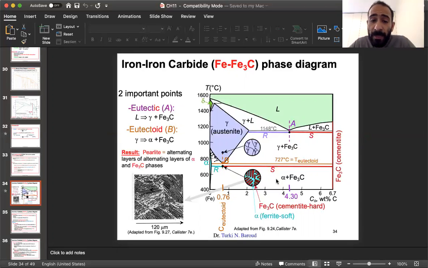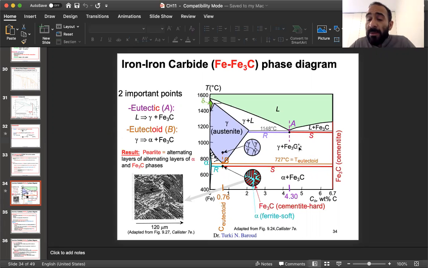Now, if you look at how many solid phases you have in this phase diagram, we have alpha ferrite, gamma austenite, and delta ferrite. Rarely will you find a practical application that uses delta ferrite.